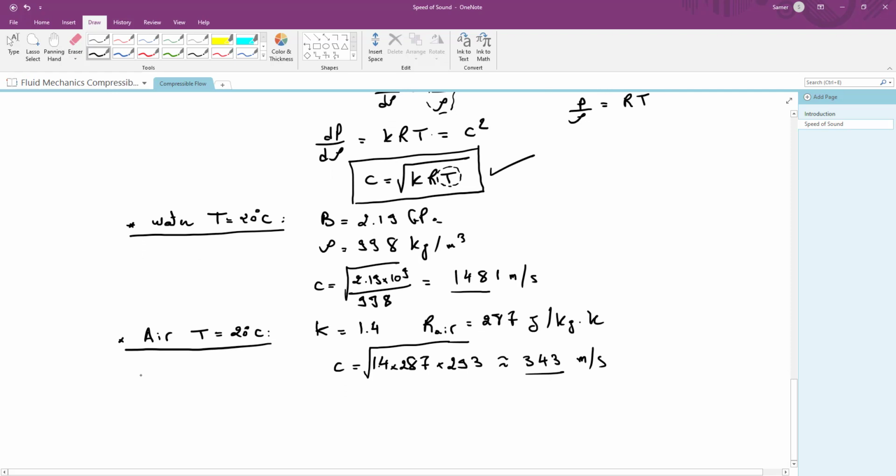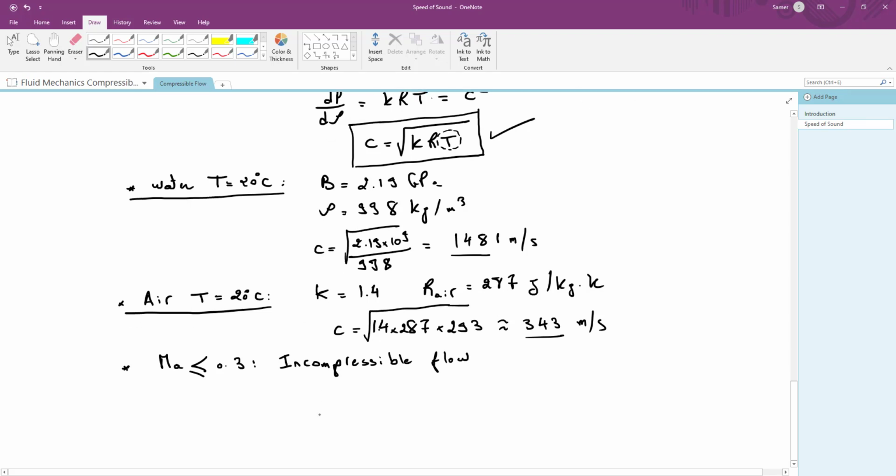So if we go back to our incompressible flow criterion, we said that for incompressible flow, the Mach number should be less than or equal to 0.3 to neglect compressibility effects.